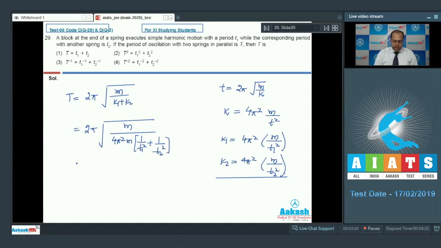So if I solve this, I will get 1 by t1 square plus 1 by t2 square is equal to 1 by t square. So if I check the options, then option 4 is the correct answer. Let's move to question number 30.